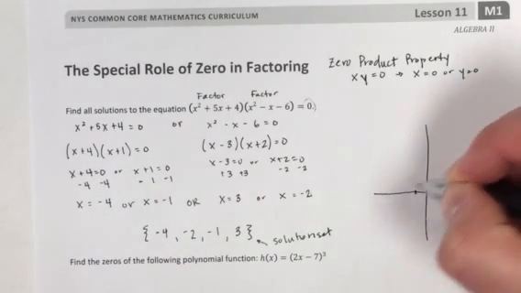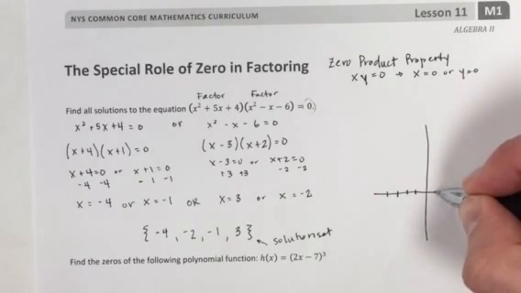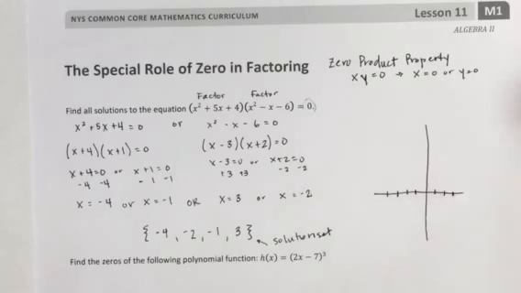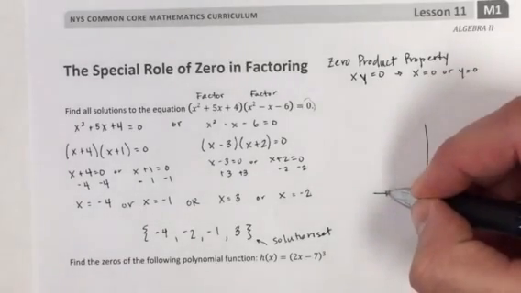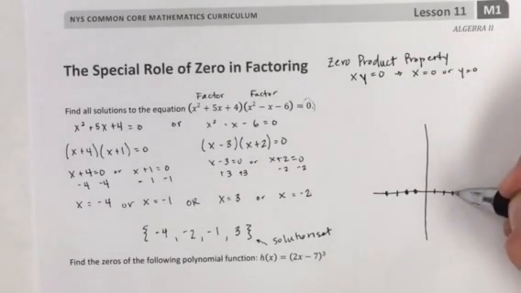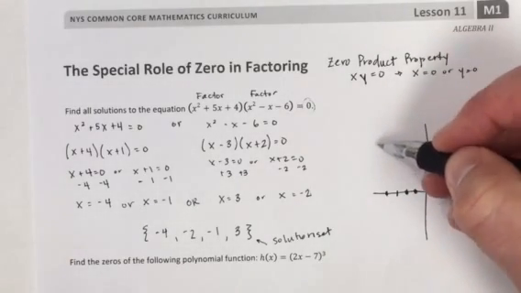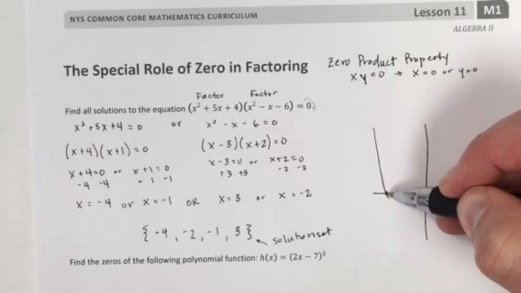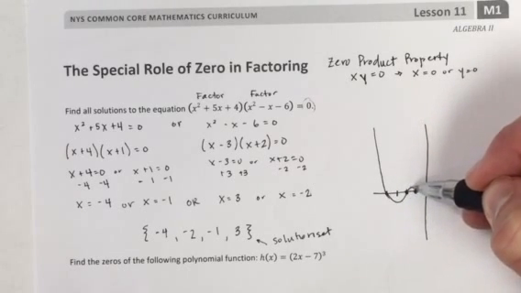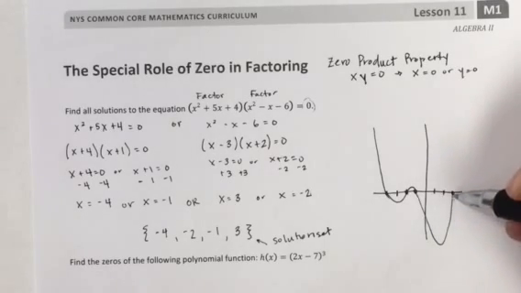And so when you look at this, this is just a sketch, but you're going to find that you have a solution at x equals negative 1, and a solution at x equals negative 2, and a solution at x equals negative 4, and a solution at x equals positive 3. And you get a graph, and the graphs will coordinate with the degrees. Again, this is a sketch, so it comes all the way down and looks like this.